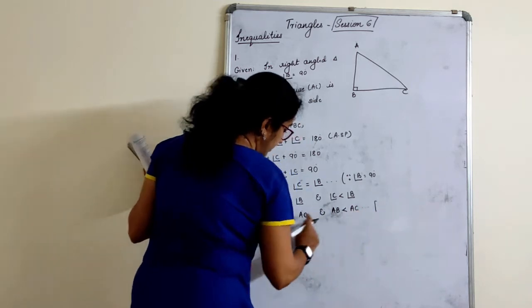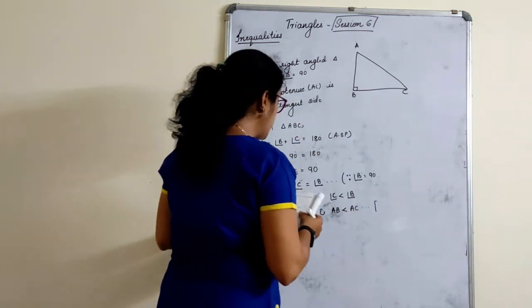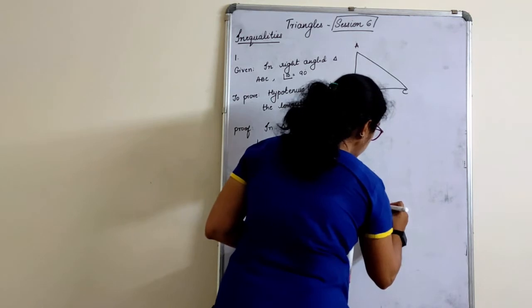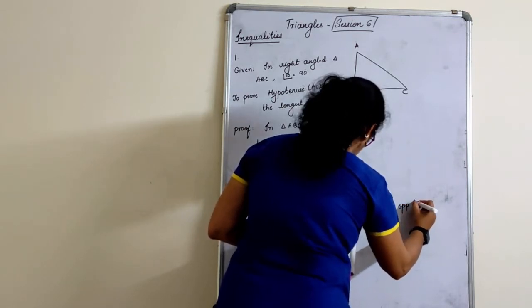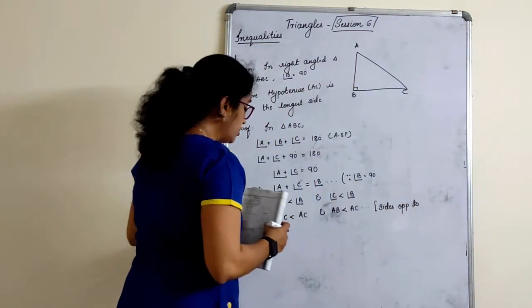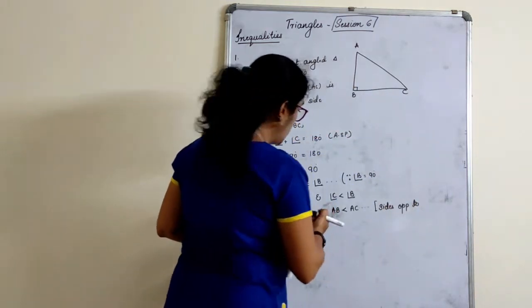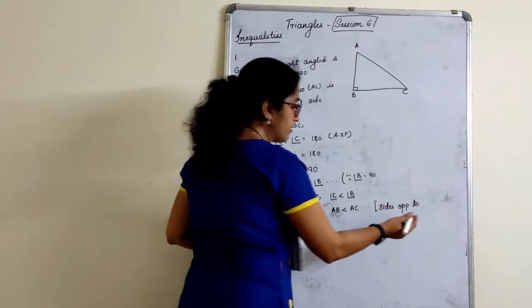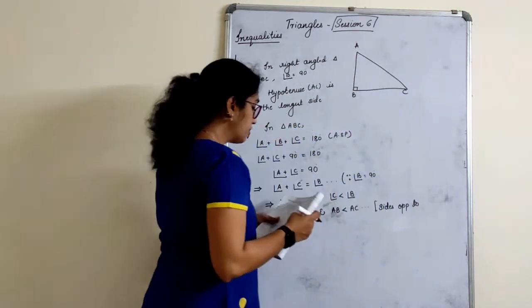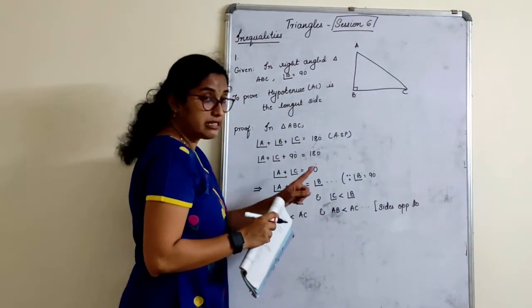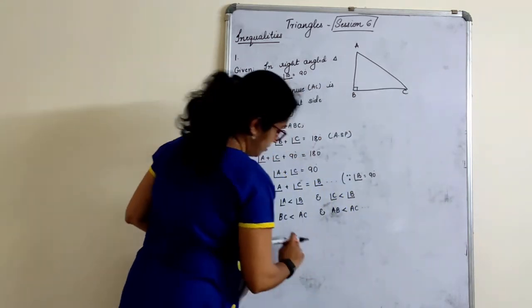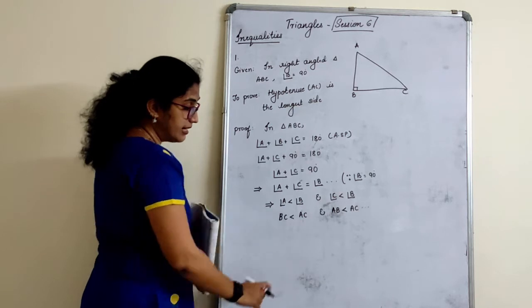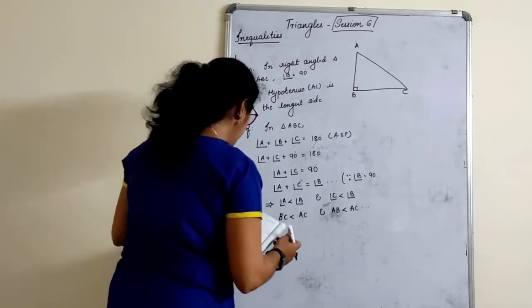What reason will you write here? Now what we have used, sides opposite to greater angles are greater, or the sides opposite to greater angles are longer. That also you can write, or you can just leave it. It's okay. We have done, this side is greater than this side is also greater.